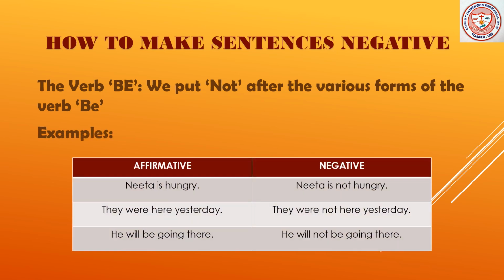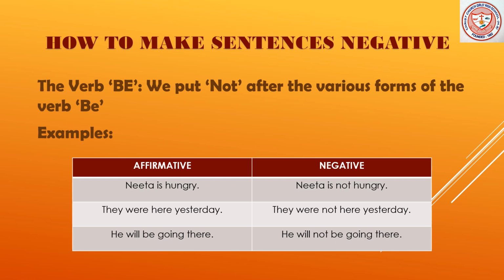Number 1. Nita is hungry, and you can follow one thing over here. In this particular box, this sentence has been written under affirmative sentence. So what is it? Nita is hungry, and you understand clearly that this is an affirmative sentence. So how to make it negative?